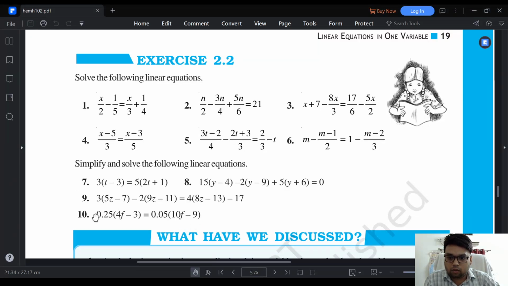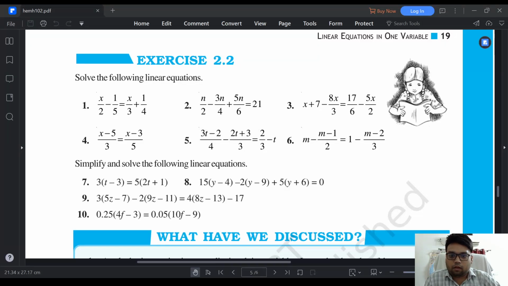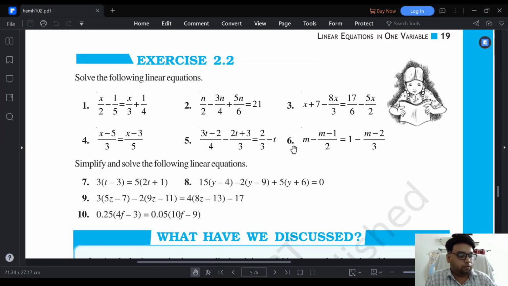This looks more tricky because decimals are used. So let's try question number 10. Write this question down in your notebook: 0.25 (4f minus 3) is equal to 0.05 (10f minus 9).